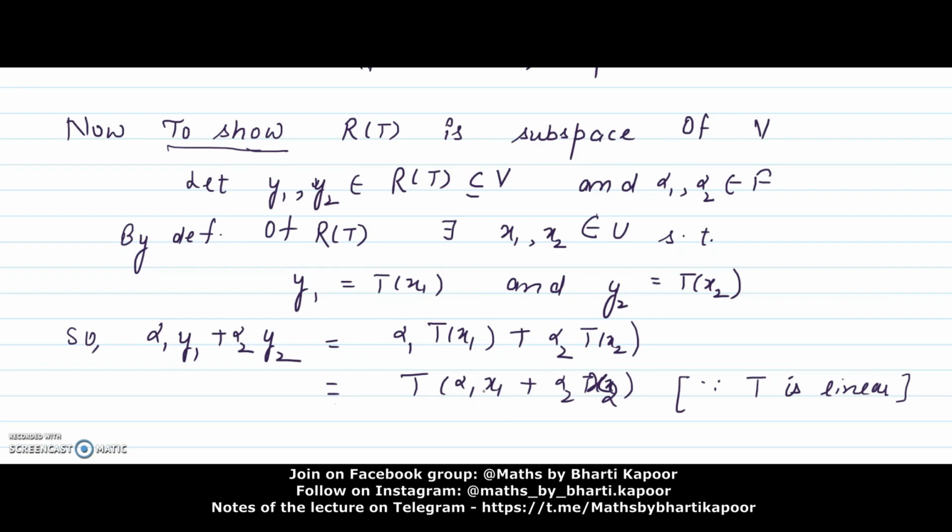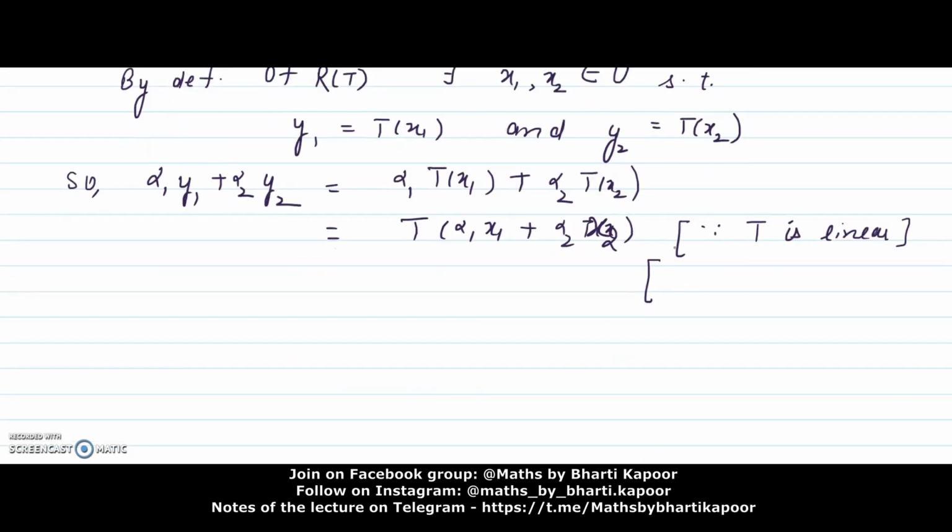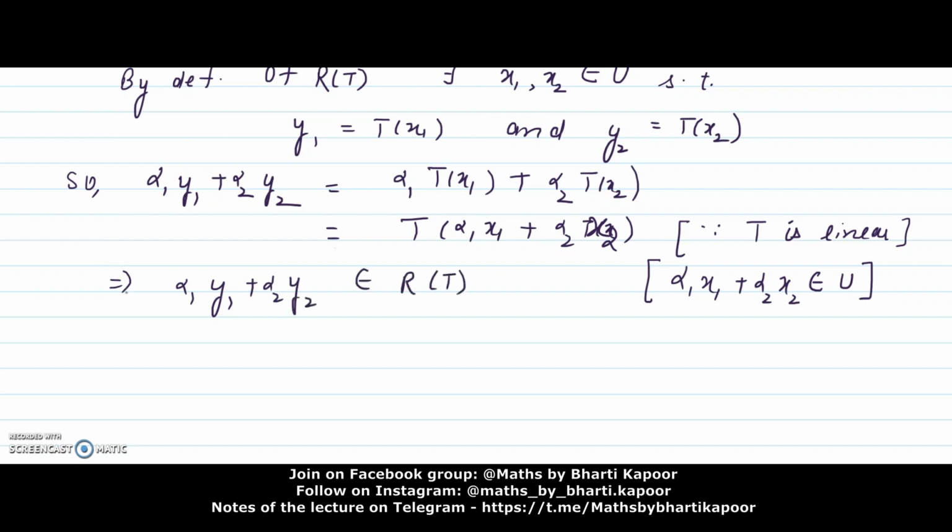Now this element alpha 1 x1 plus alpha 2 x2 is actually an element of U, because U is vector space and x1 and x2 are elements of U. So by definition of vector space, alpha 1 x1 plus alpha 2 x2 will be an element of U. So if alpha 1 y1 plus alpha 2 y2 is T image of an element of U, now we can say that alpha 1 y1 plus alpha 2 y2 belongs to RT. So this proves that RT is a subspace of V.